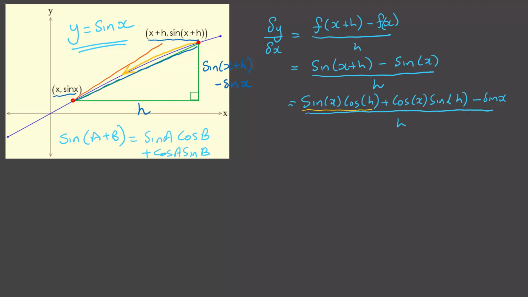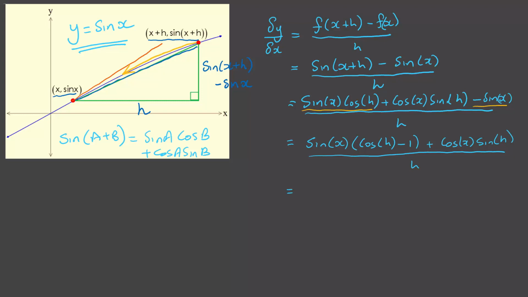Factorizing these two terms here, I get sine x into cos h take 1, and then I've got plus cos x sine h over h.